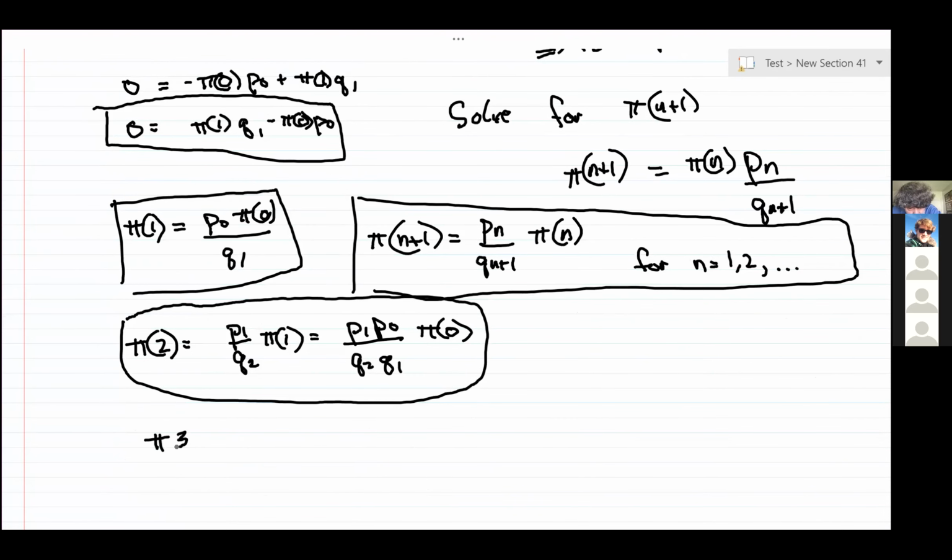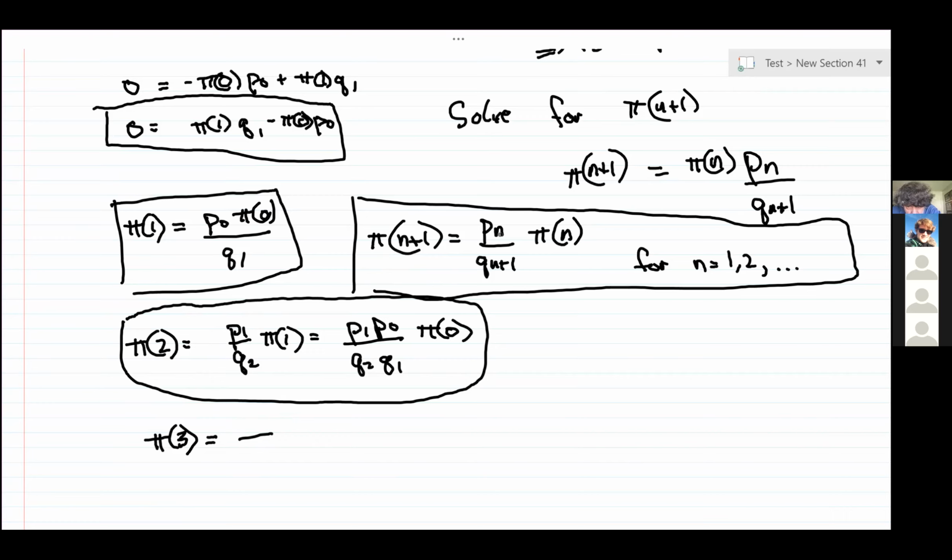Pi 3 is, according to this, P3 over Q4. Let's see if I'm doing that right. I want n to be 2 here, right? No, n equal 1 gave me this. So if n equals 2, that's giving me the 3. So pick n equal 2.